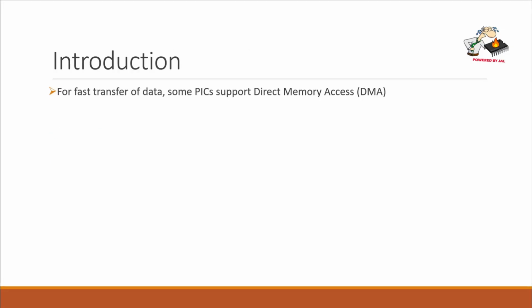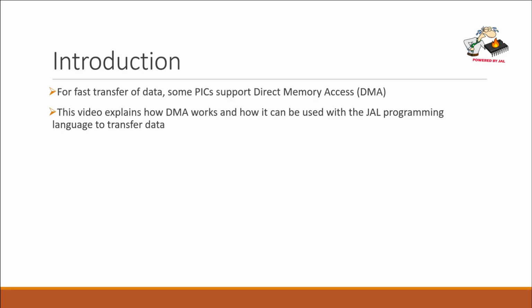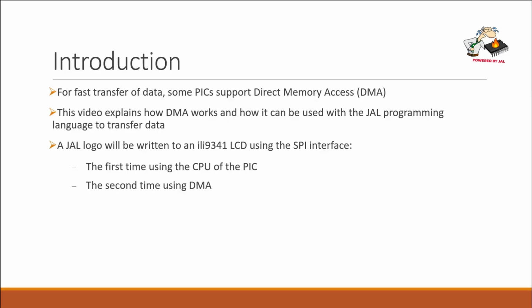So if you want to transfer a lot of data fast, some PICs have a direct memory access that you can use. And in this video I will explain how DMA works and how you can use it with the YAL programming language if you want to transfer a lot of data. In this demonstration, I will copy a YAL logo to an LCD which is connected via the SPI interface.